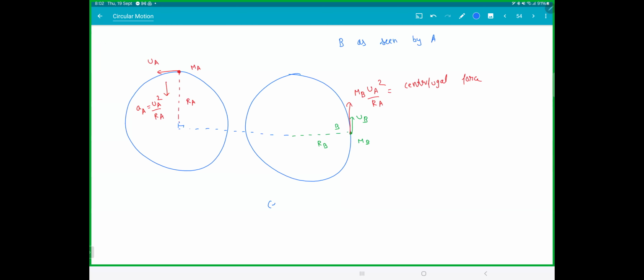Centrifugal force need not be toward the center, and need not be away from the center. It depends on the observer. I hope everyone is clear what is centripetal and what is centrifugal now?